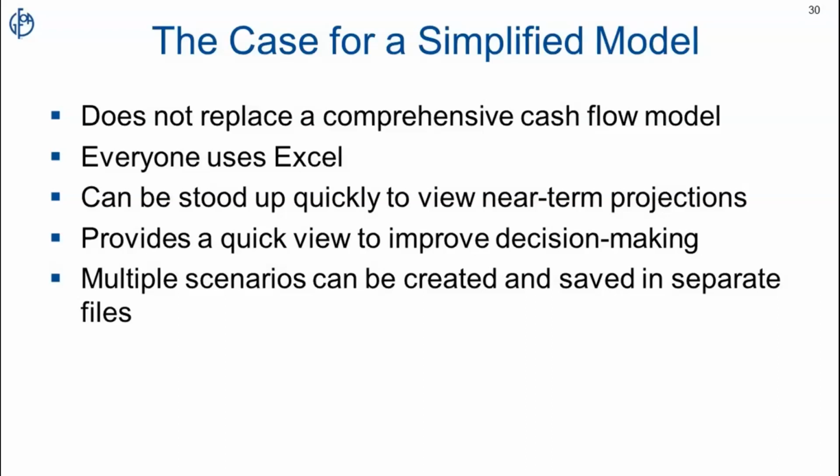And our approach to the simplified model is structured in a way where it can be put together very quickly, as long as you've got the basic data in hand, and either use the models that we've created or perhaps build some on your own using ours as a guide or a model.